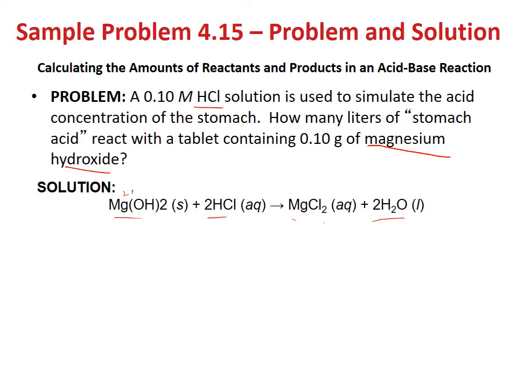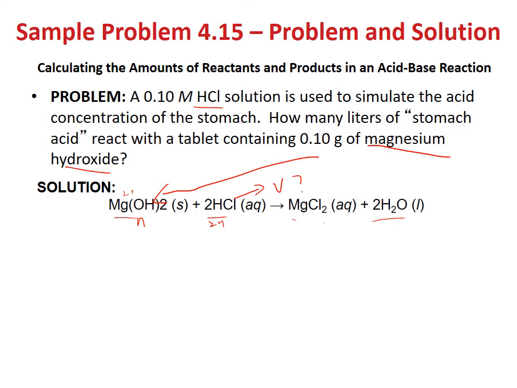The given is grams of magnesium hydroxide, and the question is how many liters of hydrochloric acid, so we are asked for the volume. We need the number of moles because the stoichiometry is based on 1 mole of magnesium hydroxide and 2 moles of hydrochloric acid.